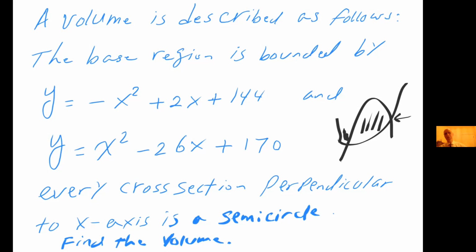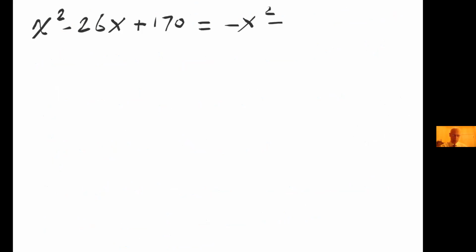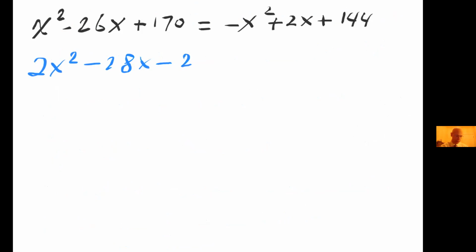So first of all, we need to know, where do these two parabolas meet? Let's set them equal to each other. One of them was x to the second minus 26x plus 170. Let's set that equal to minus x to the second plus 2x plus 144. I get 2x to the second minus 28x minus 26 equals 0.